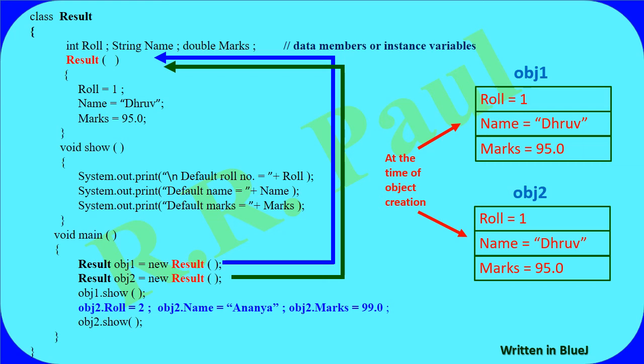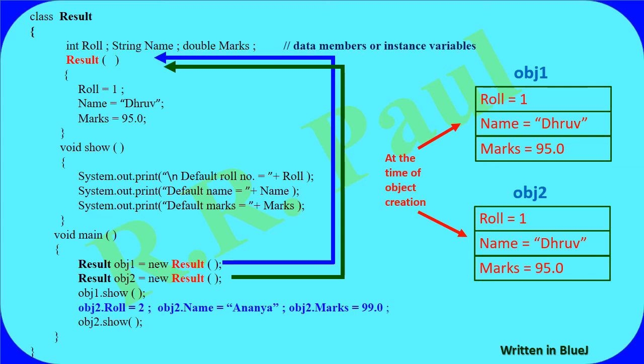Now just see what is written over there in blue color. obj2.roll equals 2. We are making changes in the instance variables associated with object 2. Roll equals 2, then obj2's name will have a new value Ananya, and obj2's marks will have a new value 99.0.